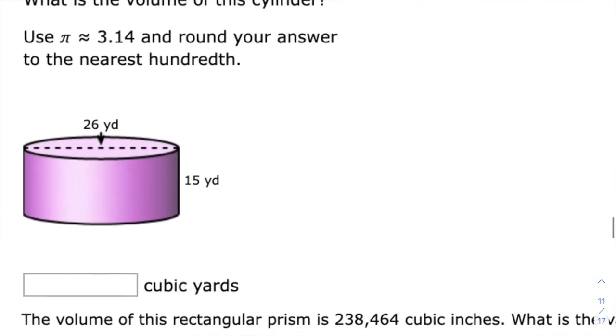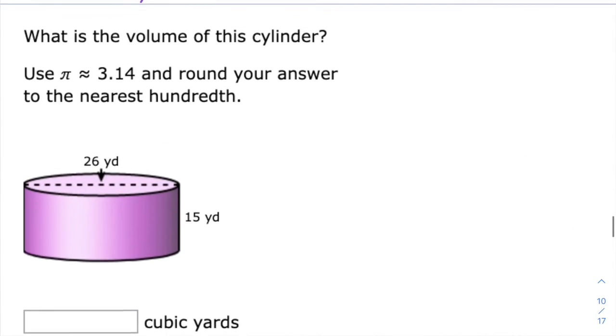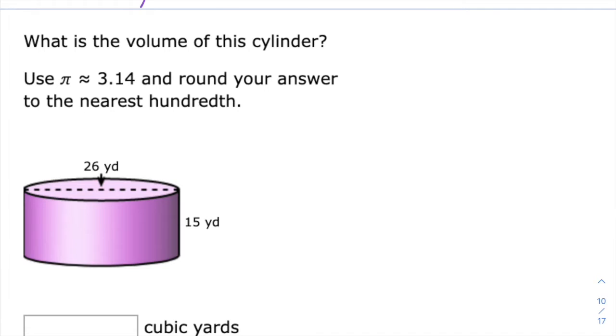There's another one. So these are going to be working backwards. Well, this one's not working backwards. But what we do have to be cautious of first is just making this 13 yards and 13 yards, because the diameter is 26, but you have to cut that in half to find the radius. Okay, so the area of the circle is pi r squared.